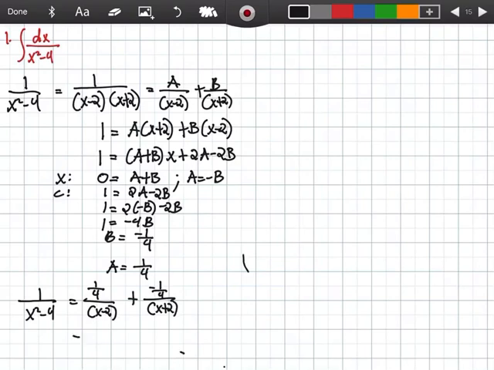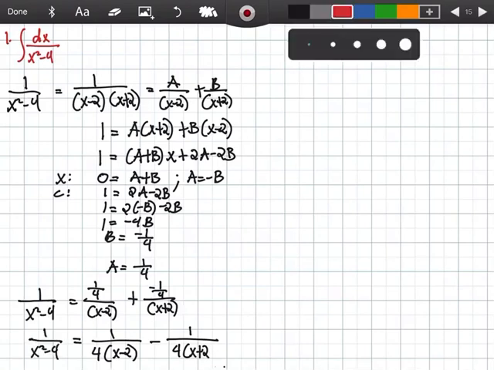That is 1 over 4(x minus 2) minus 1 over 4(x plus 2), equal to 1 over x squared minus 4.